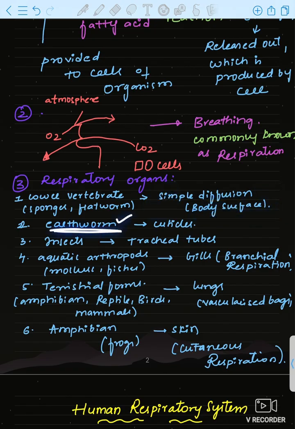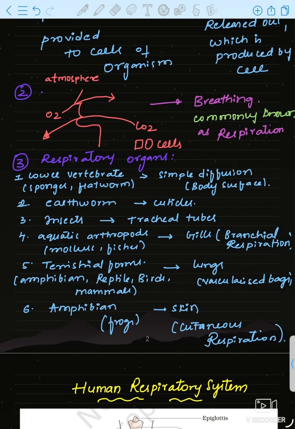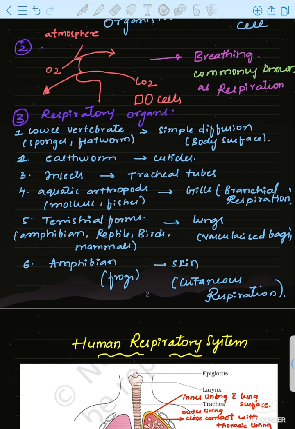Next one is earthworm. Earthworm has a cuticle, a structure through which respiration will occur. In insects like arthropods, tracheal tubes will be there. Through tracheal tubes, respiration will occur.